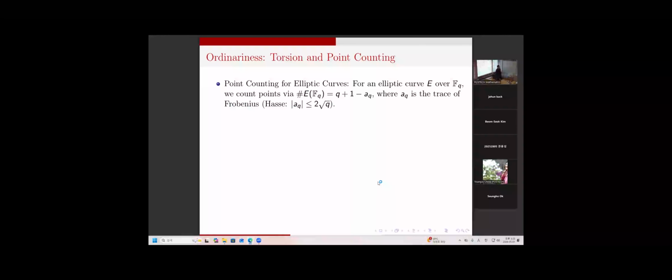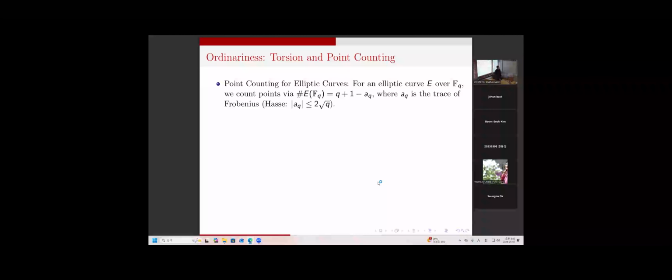For elliptic curves, this can be seen more concretely by counting points. You take an elliptic curve over F_q, then the number of rational points is always given by q plus 1 minus some correction term. And this correction term is the trace of Frobenius.